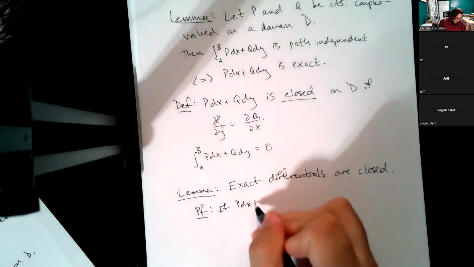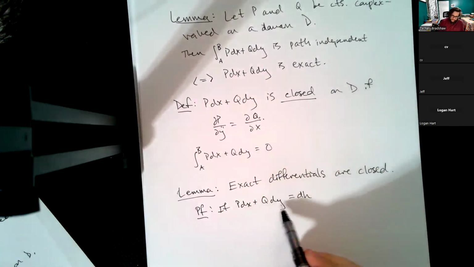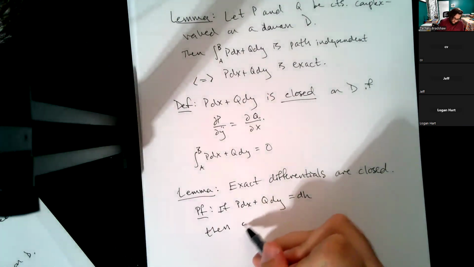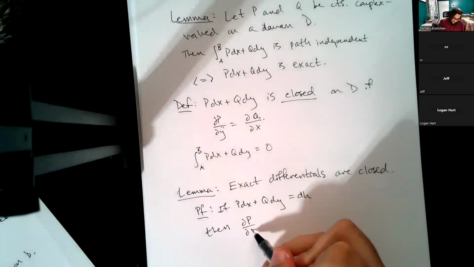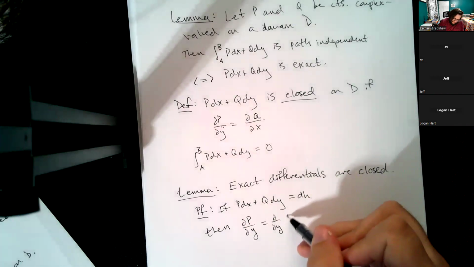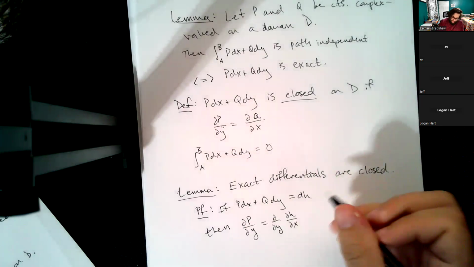If p dx plus q dy is dh, so this is exact, then dp/dy is the y derivative of dh/dx.